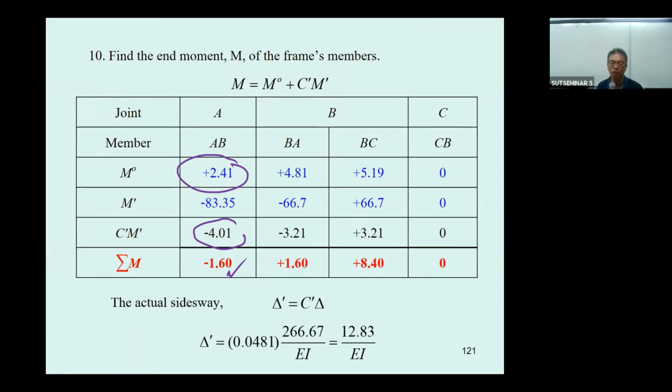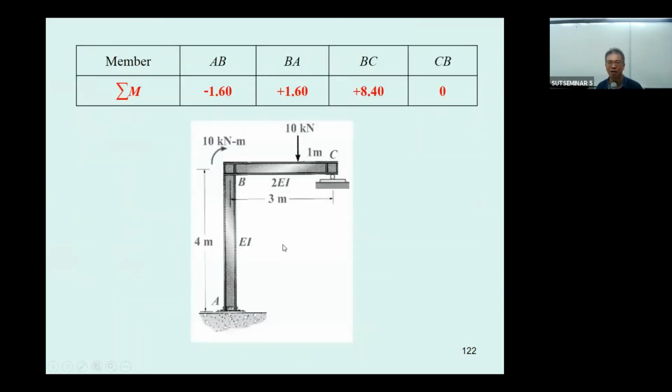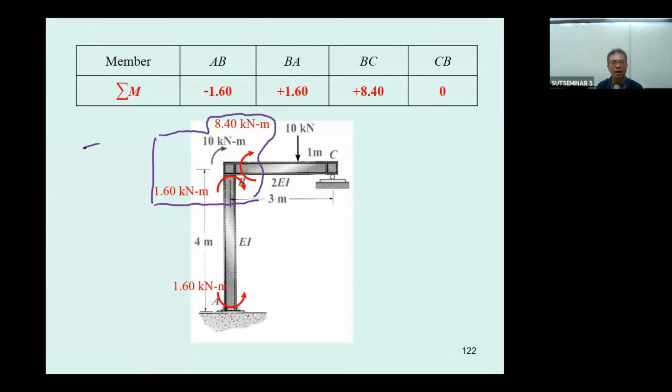Now you come to what we have for the moment 1.61, 1.61. This one 8.40, and then you do the combination of these three moments. The summation of the moment at B is going to be 0. Okay, and you are correct.